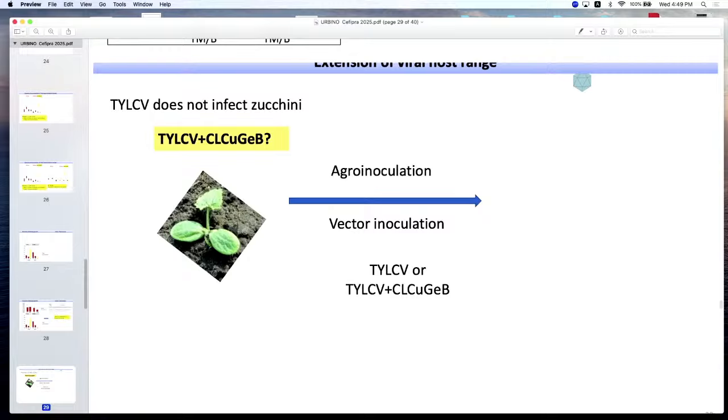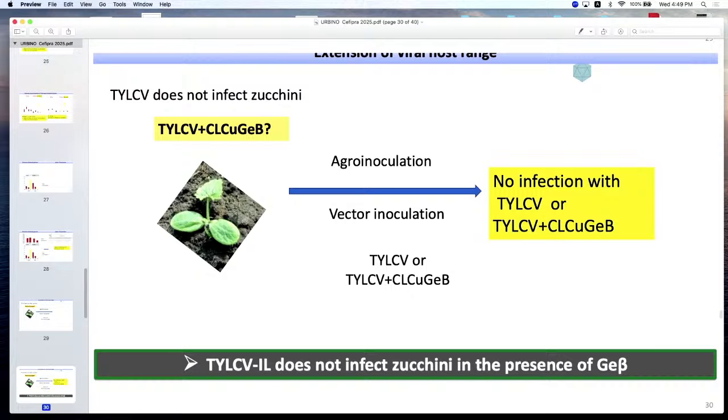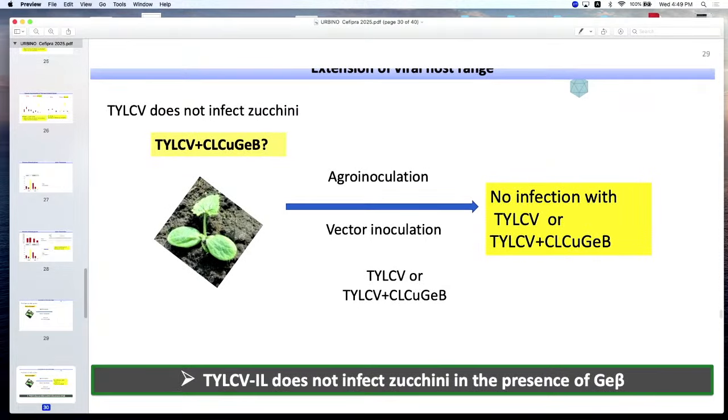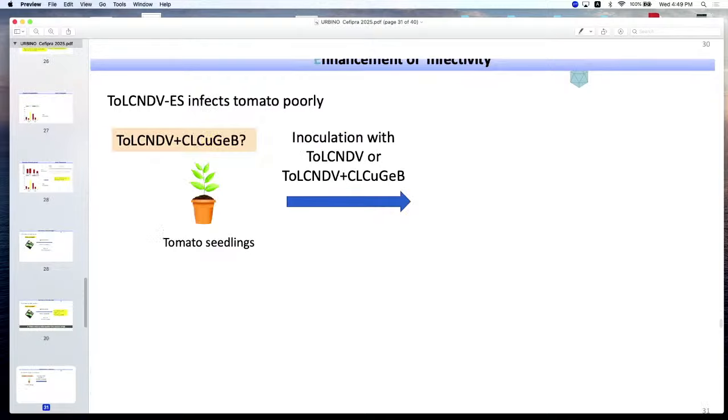So we tried co-inoculation of both, by mechanical agro-inoculation or vector inoculation. And we found that it wasn't possible. So the beta satellite doesn't help the virus to extend its host range in this case.